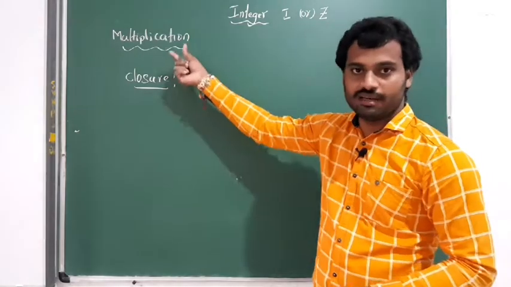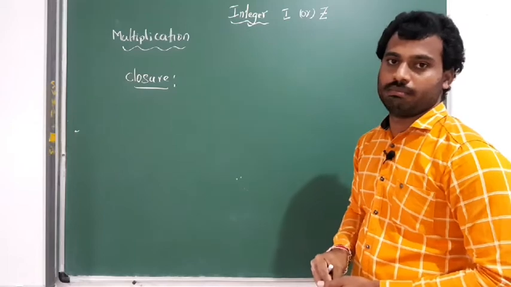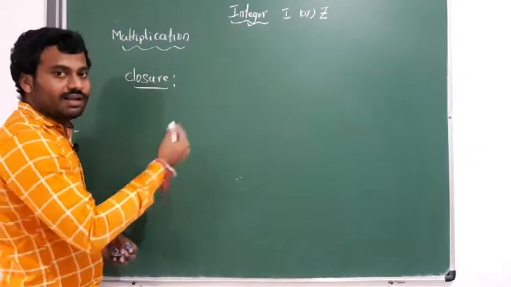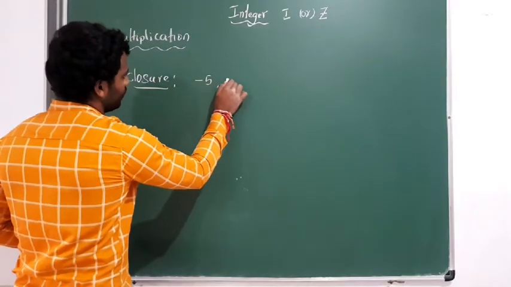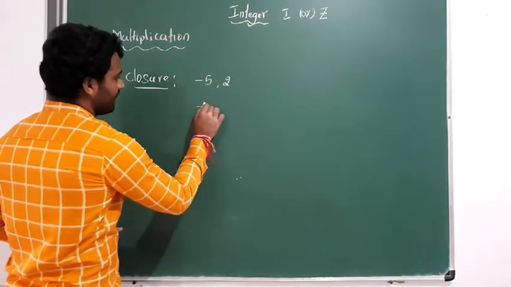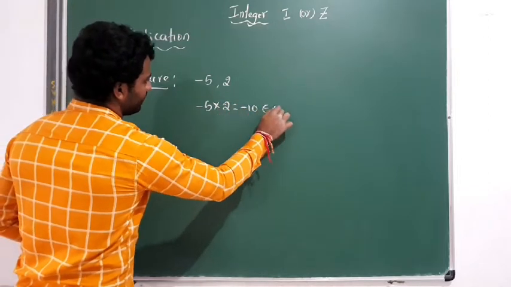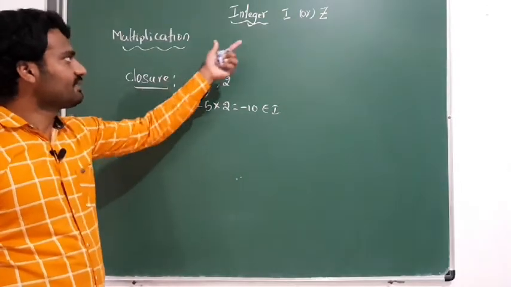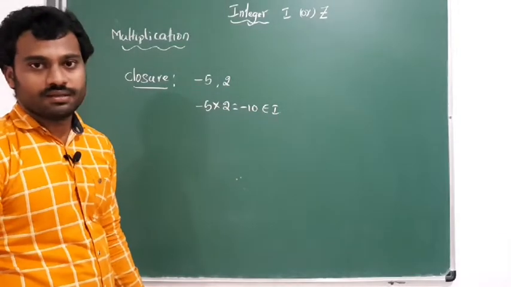Just the sign will change, and in place of plus or minus, we write the multiplication symbol. Clear? First I will consider two numbers, -5 and 2. I apply the multiplication. -5 into 2 is -10. It belongs to integers. Then closure property is satisfied under multiplication for the set of integers.